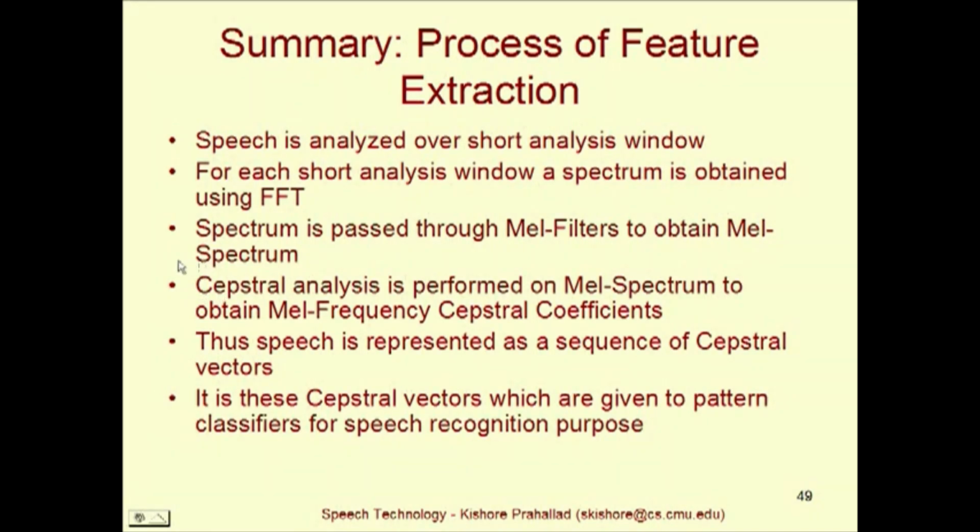Once you obtain the MEL spectrum, we perform cepstral analysis on top of it and get MEL frequency cepstral coefficients. Thus speech is represented as a sequence of cepstral vectors. These cepstral vectors are given to pattern classifiers or statistical models such as hidden Markov models for speech recognition.